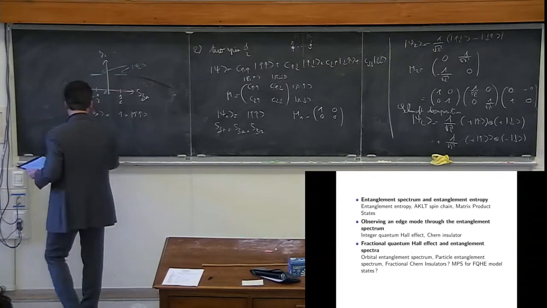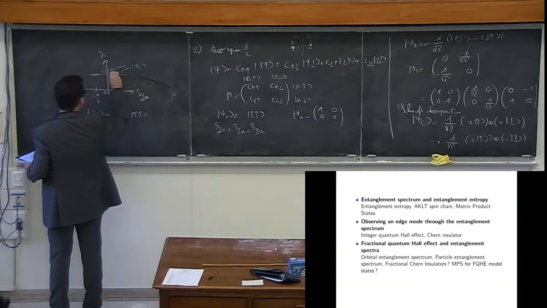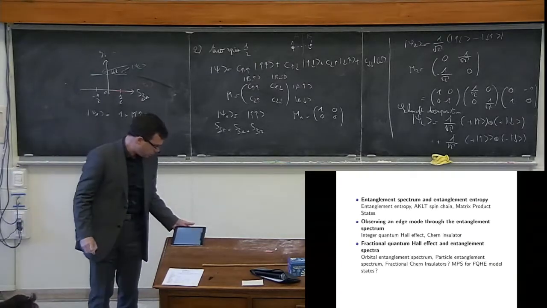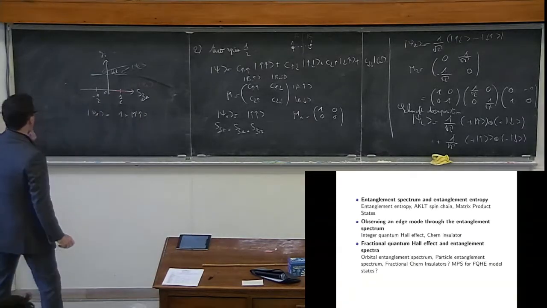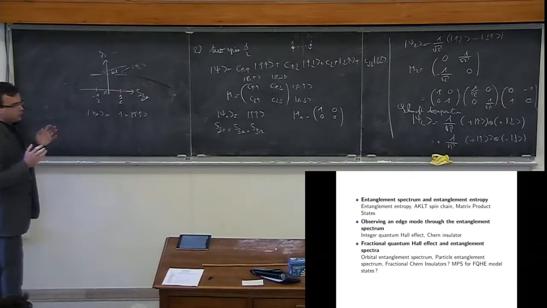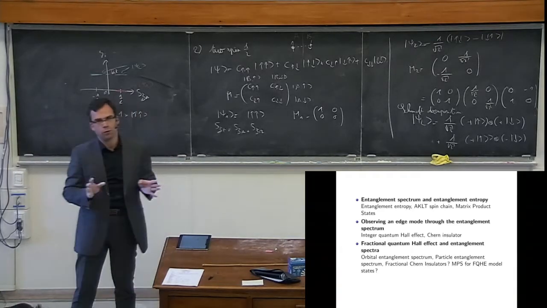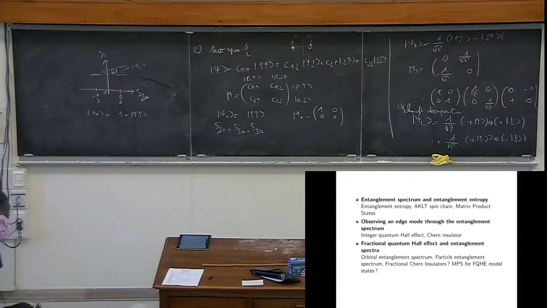And the value is actually log 2. So that's the simplest calculation that you can imagine for the Schmidt decomposition and the entanglement spectrum.